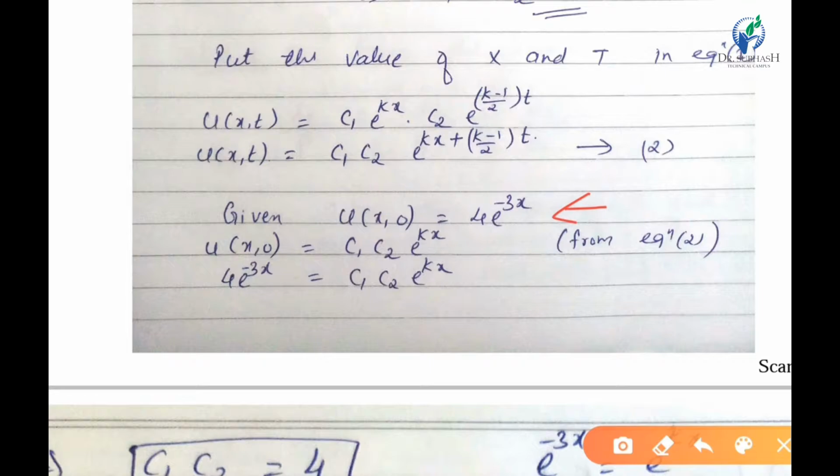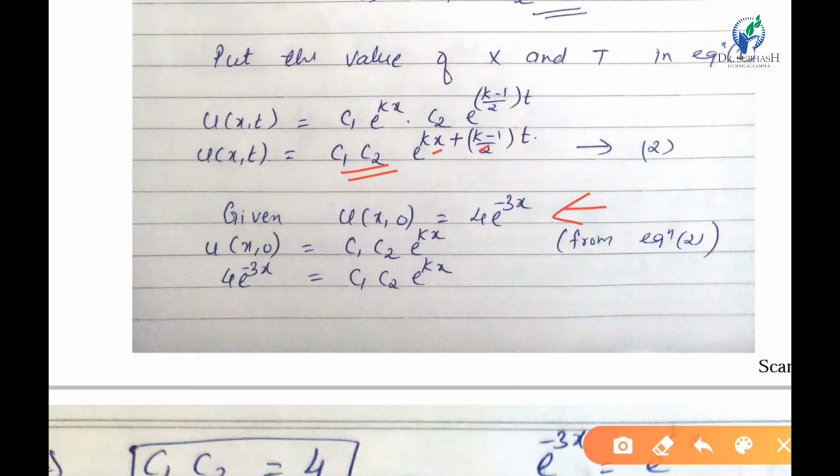Whenever we are given this type of initial condition, at that time we have to find the value of constant. In equation 2, our constants are c1, c2 and k. Using this initial condition and equation 2, we'll find the values of this constant.